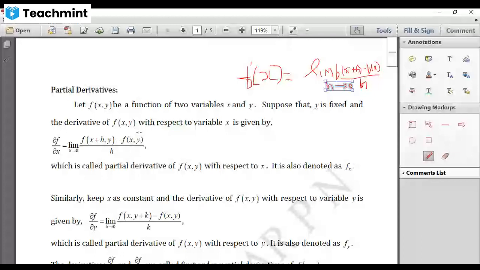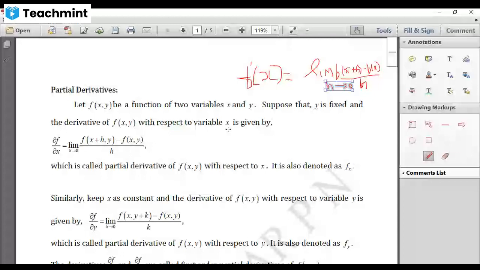Then derivative of f of x, y with respect to that variable which is changing, say x, is given in a similar fashion. Instead of f dash of x, because you are having 2 variables and we have kept one variable as constant, it is denoted by dou f by dou x, or dou f of x, y by dou x, because it is changing with respect to x only.